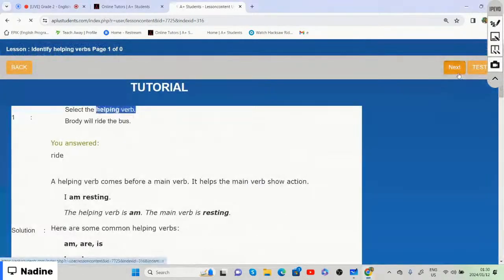Let's go to the next one. The engine has stopped. We need to select the helping verb as well as the main verb within the sentence. It only asks of us to identify the helping verb, but what's best is to also identify the main verb.